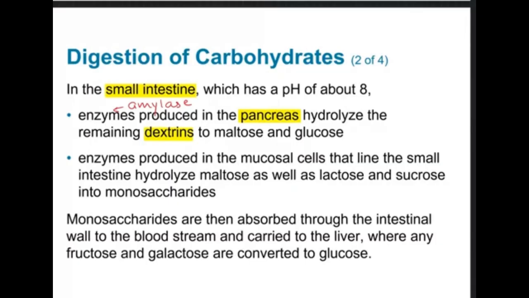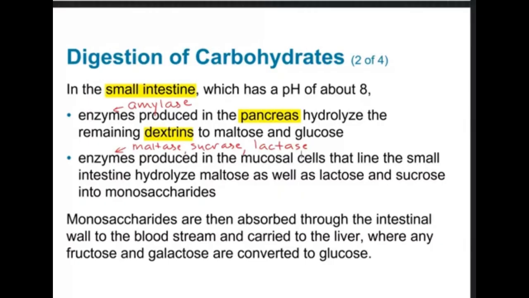There are three enzymes that digest carbohydrates. It's maltase, breaking down maltose, sucrase, that breaks down sucrose, table sugar, and lactase, that breaks down milk sugar, lactose. Okay?